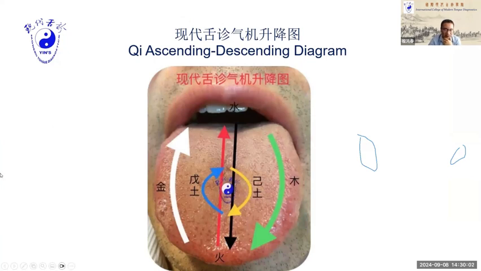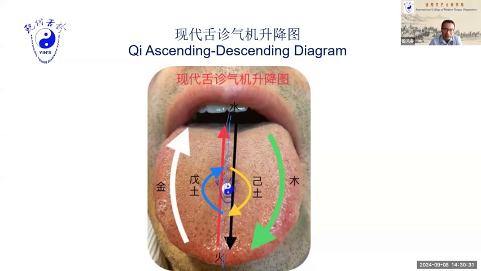Because of the midline theory, we can easily analyze the qi movement from the tongue. Like in this picture, which we call the qi ascending and descending diagram. If you draw this, this is the midline.